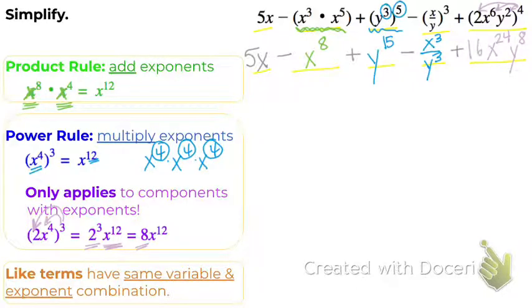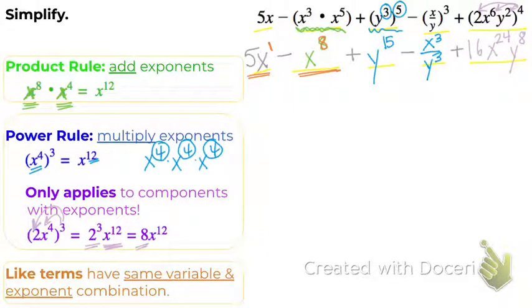Now the last step after you've simplified each of these terms is to look to see if we can simplify it any further, if we can combine any like terms. Now I'm reminding you in orange down here, like terms have the same variable and the same exponent. So you might notice a lot of these have x's, like this has an x and this has an x, but this is x to the first and this is x to the 8th.